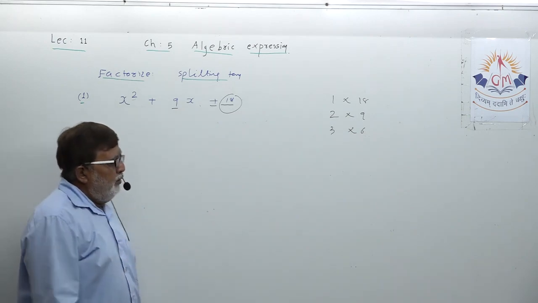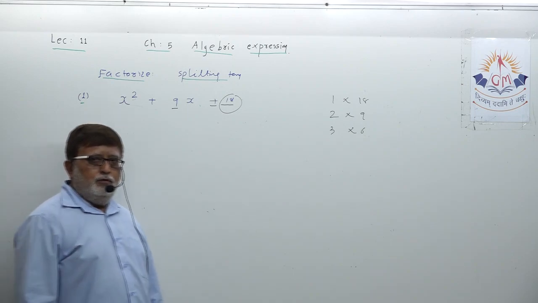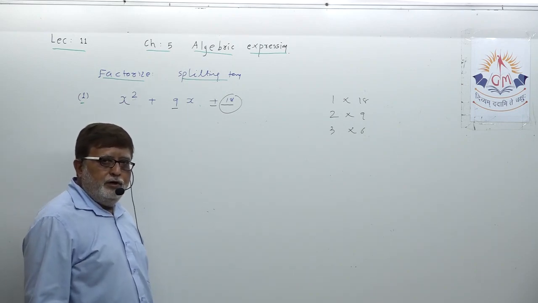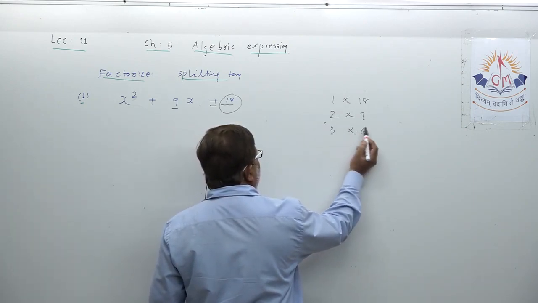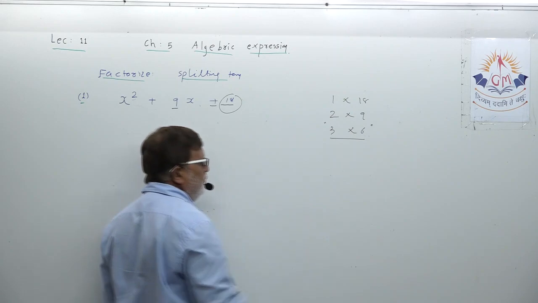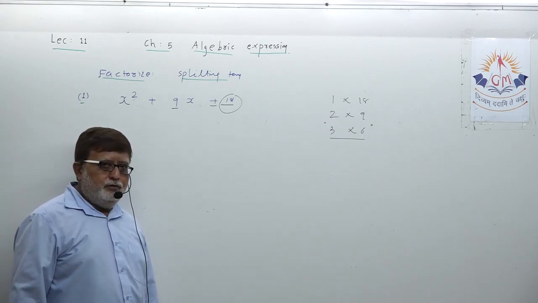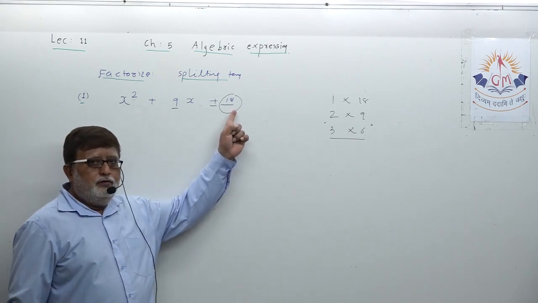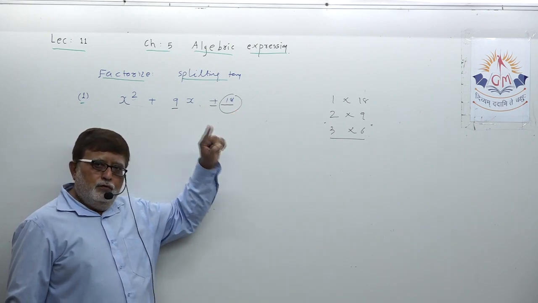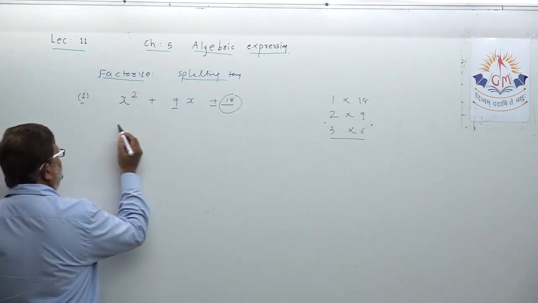Can you find such factor pair from this whose multiplication is no doubt 18 because they are factor of 18, but whose addition is 9? Yes, this is 6 plus 3, 9. You got the factor? Understood the logic what I spoke? Such factor of 18 whose addition is 9 are found.